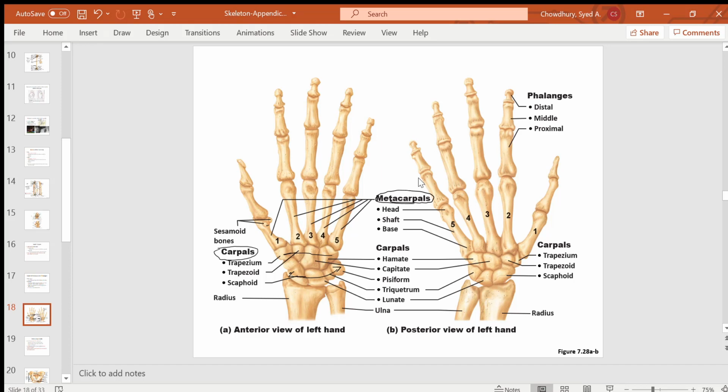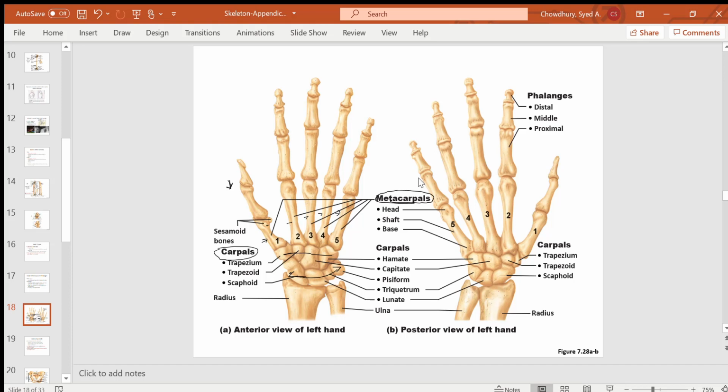And we start counting from the thumb side. So this is the thumb side, and the metacarpal on your thumb side is number 1, then below the index finger, number 2, and then number 3, number 4, number 5. So we start counting from the thumb side.